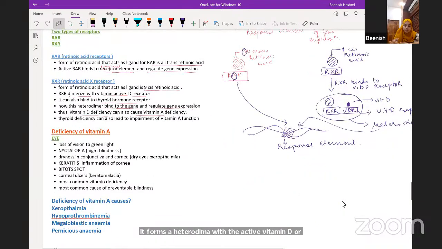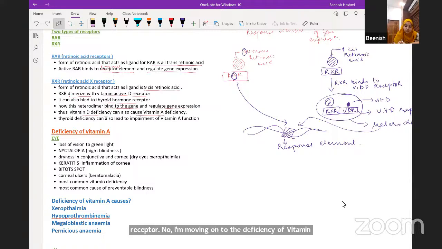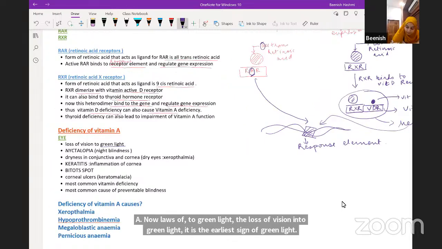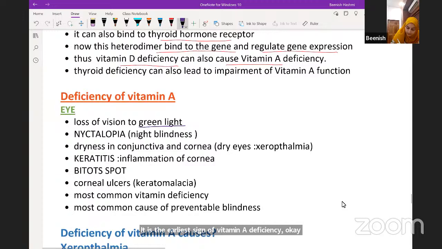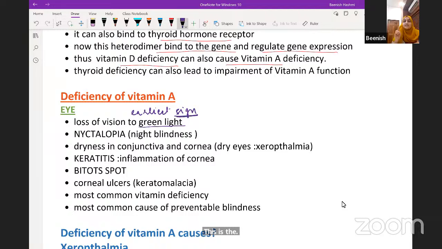Now moving on to the deficiency of vitamin A. Now, loss of vision to green light is the earliest sign of vitamin A deficiency. Now note, I say sign and not symptom. Earliest sign and not symptom.